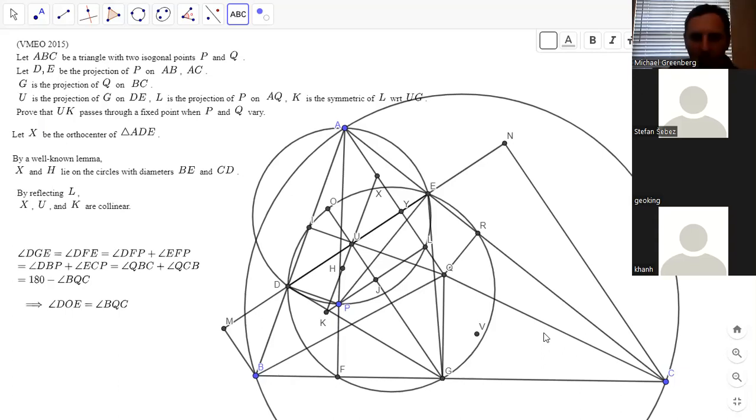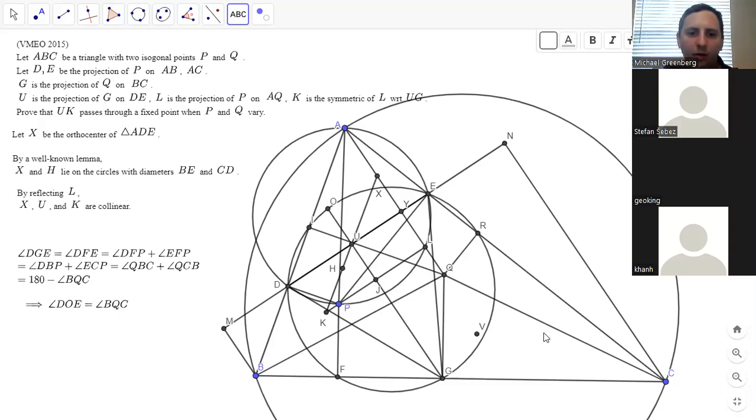I think we can show, because we have angle ODE is equal to angle UGE. Mm-hmm. So and we also have QBC is equal to PBD. Oh, okay. So we're trying to put a PBD is equal to UGE. Yeah.